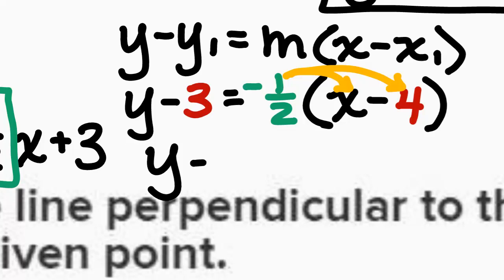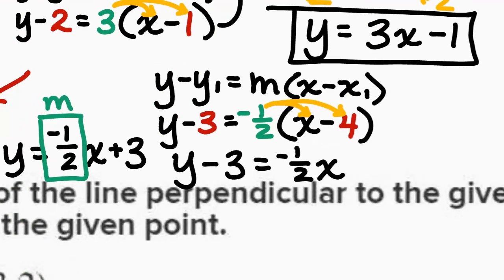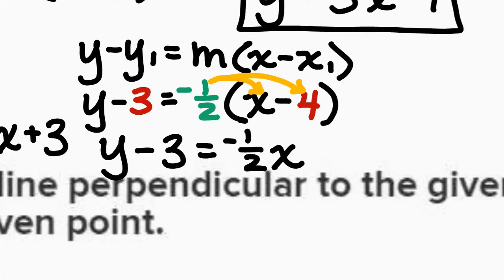I'm going to take that -1/2 and distribute it to both of these pieces here. So I would have y minus 3 equals -1/2 x. All right, now I have to do -1/2 times -4. Let's just start off with its negative times negative. So my answer is going to be positive. So this is going to be a plus. So I took care of the negative and the negative. I have 1/2 times 4. Well, what's half of 4? 2.